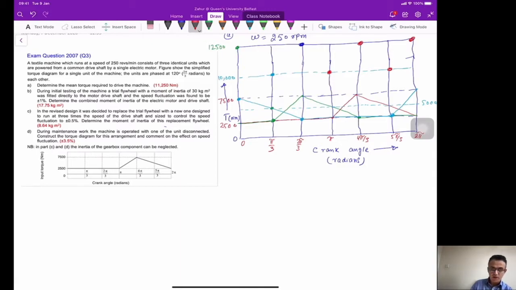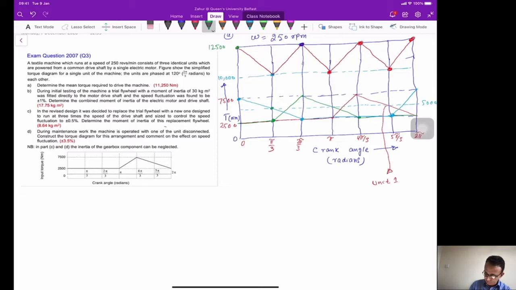So now if you just join these points, this is the overall torque diagram, which is the red color here, and the other three you can just point out, that the red color is the torque diagram for unit 1.